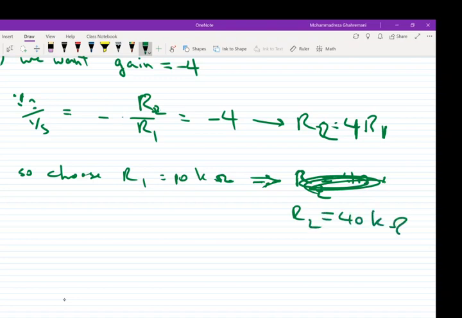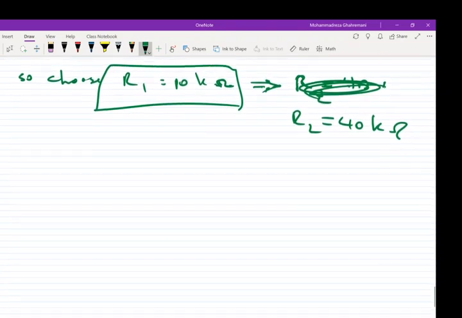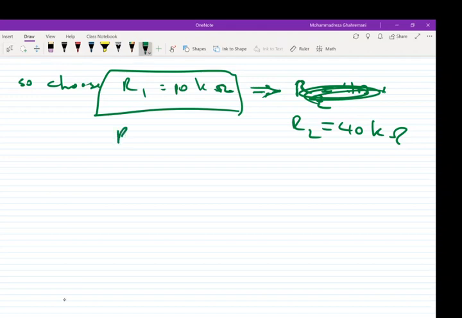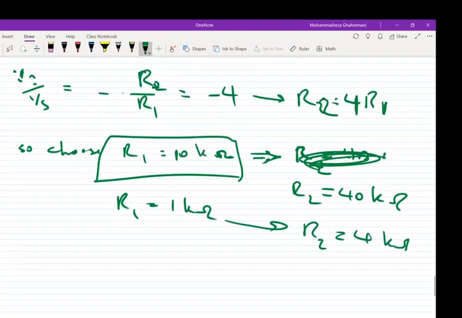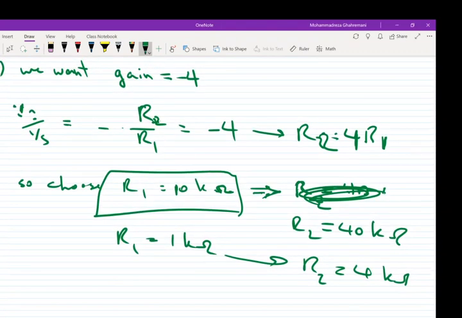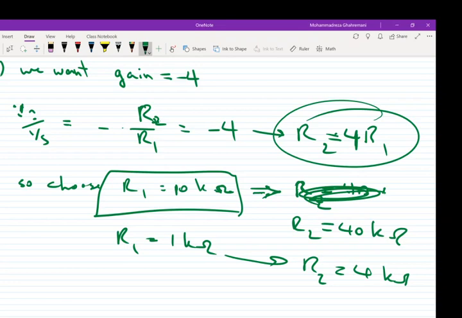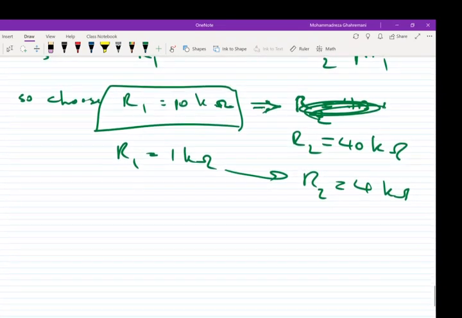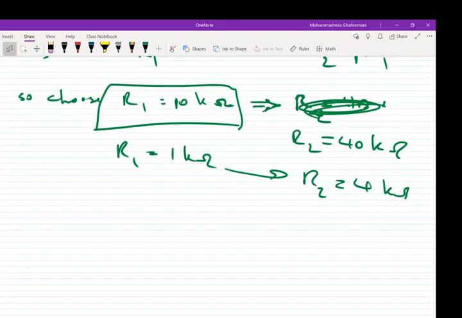We picked R1 by ourselves, so we could pick any value. Let's say if we picked R1 equal to 1 kilo ohm, we conclude that R2 should be equal to 4 kilo ohm. As long as this relationship, R2 equal to 4R1, is true, no matter what the value of the elements.